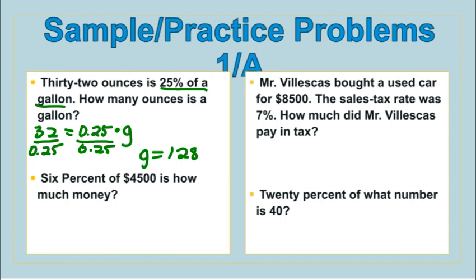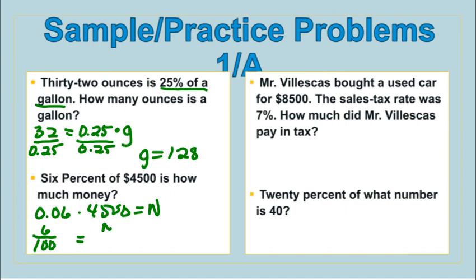Next one, 6% of 4,500 is how much money? So here, we can write this as an equation as well. 6%, so that's 0.06 as a decimal, "of" means multiplication, 4,500 is how much money? Or you could have done percent, 6 over 100 is the same as is over of.